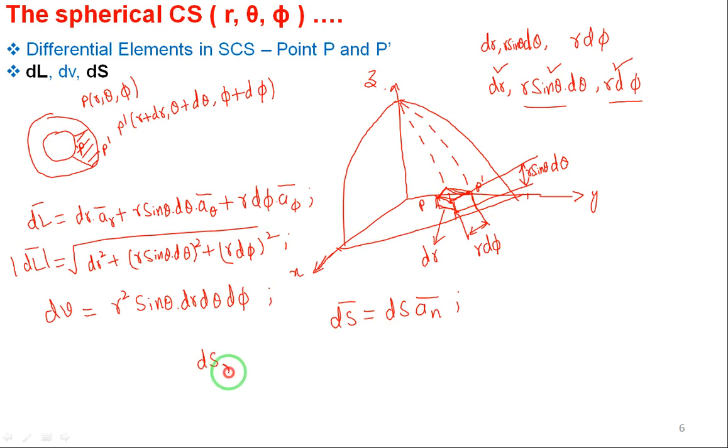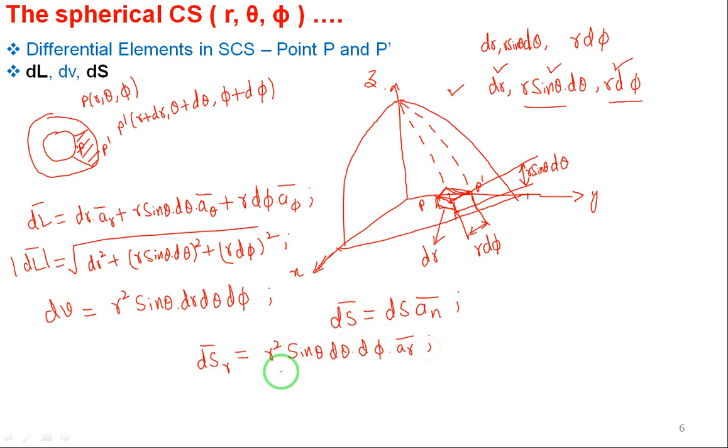Differential surface area along the radial direction, r. Blindly I will tell you how to write it. Of the three differential elements I have listed here, first close this dr and multiply the other two. So r square sin theta d theta d phi into ar.